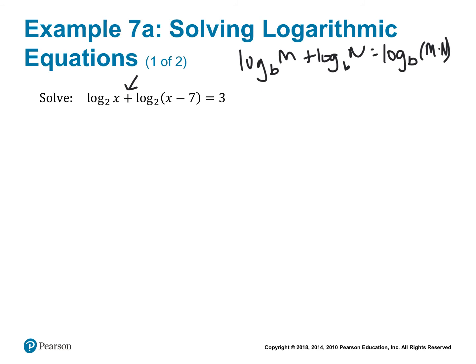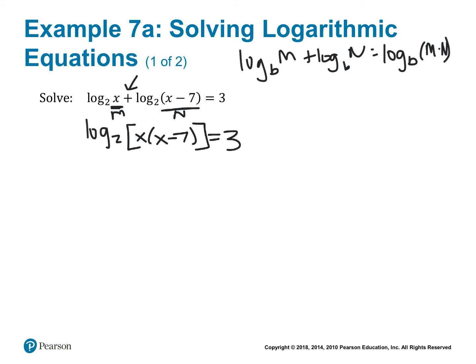We're going to use that to help us rewrite this. So we would end up with log base 2, then multiply this and this, because this would be my m and this would be my n, equals 3.